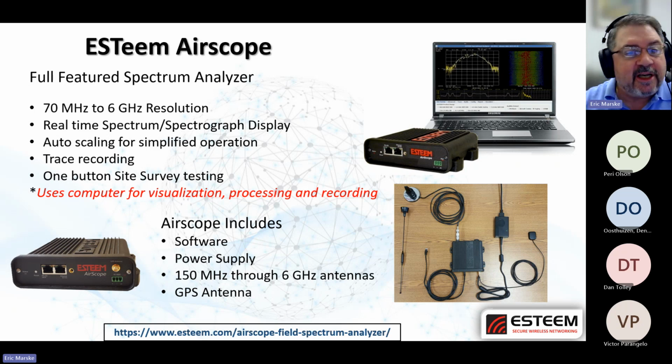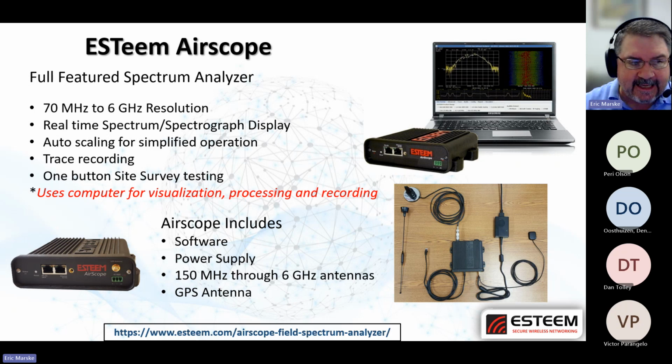The AirScope comes with everything you would need to operate: the AirScope unit itself, the running software, the power supply, and multiple antennas that cover everything from 150 megahertz all the way to 6 gigahertz, which is really across our entire product line. It even has a GPS antenna supplied with it, because you can use this AirScope for analyzing in a mobile environment.